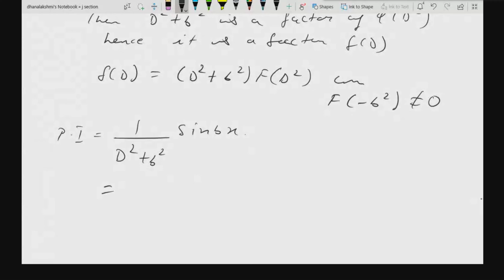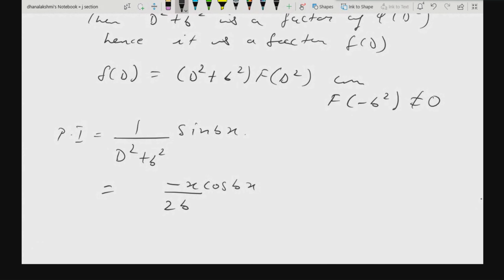So the solution for such a thing will be minus x cos bx by 2b. Understood? Yes, ma'am. This is the formula when the denominator, your f of D, is just D square plus b square, but it may have some other terms also.